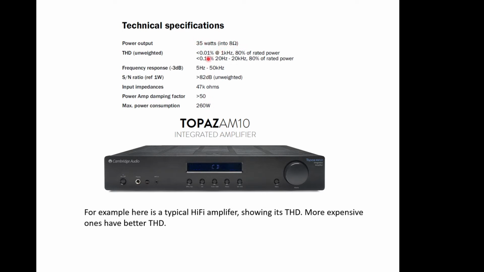So whichever way you cut this, 260 in to 35 out, that's not very efficient. So that's just something to think about as well. You can tell a lot from these technical specs. And this isn't a particularly expensive amplifier, and higher cost ones usually have better THD, but whether you can actually hear it or not is a different argument.